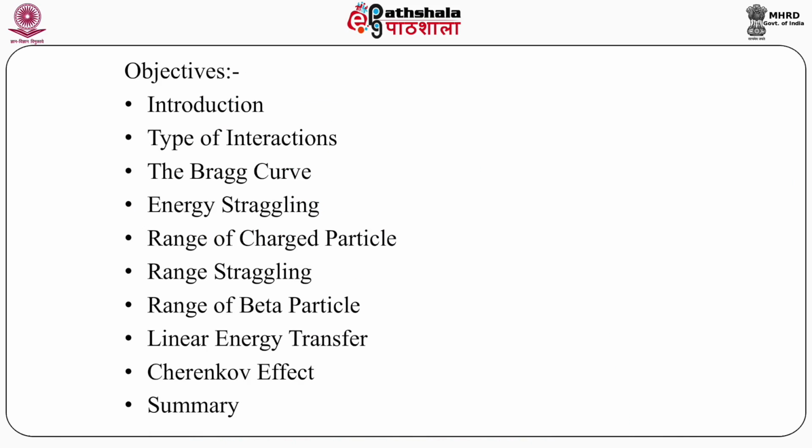The objective of our present topic is types of interactions, the Bragg curve, energy straggling, range of charged particle, range straggling, range of beta particle, linear energy transfer, Cerenkov radiations, and at the end, a summary of all these.